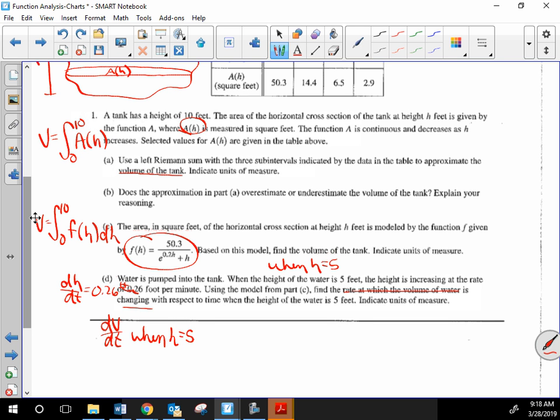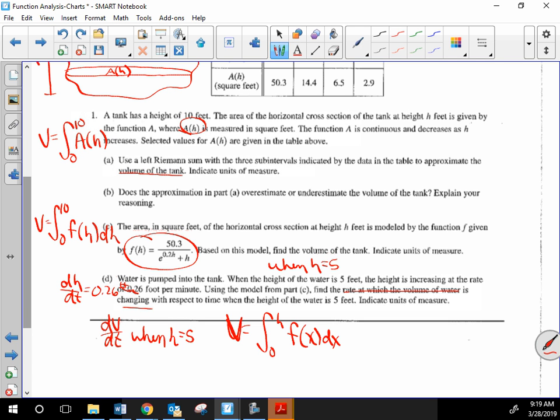So in general, my volume is going to be the integral from 0 to whatever height we're looking at. I know it's f of h, but when you use that h as your variable, they have you change it, so you should just say f of x dx. You kind of get to choose your variable there. X is usually what we use. So our volume is represented as the integral of our area per cross section.